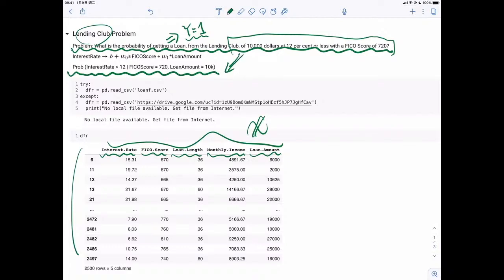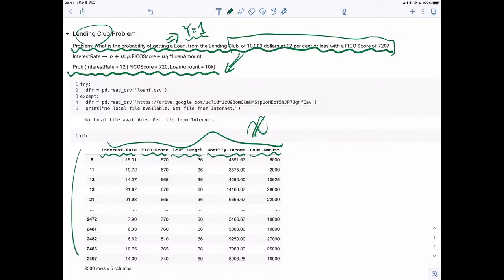I want to know the probability of getting a loan, y equals 1, when the interest rate is larger than 12, under the condition that the FICO score equals 720 and the loan amount equals 10K. Okay, so the definition is like this.